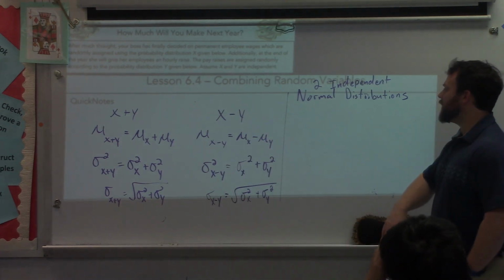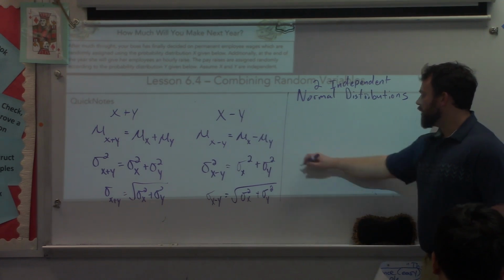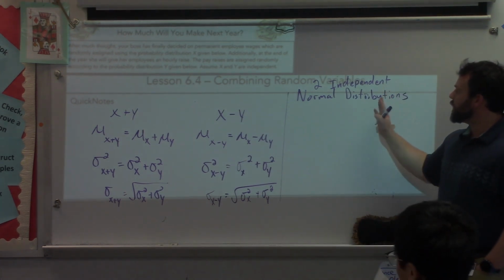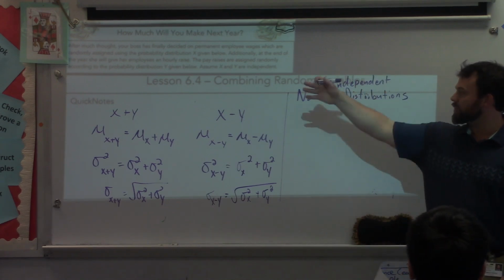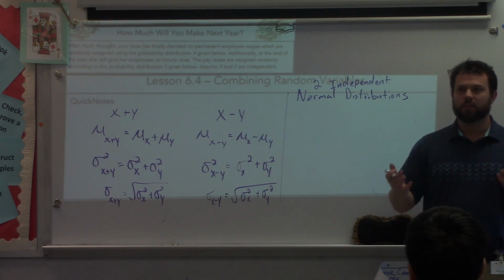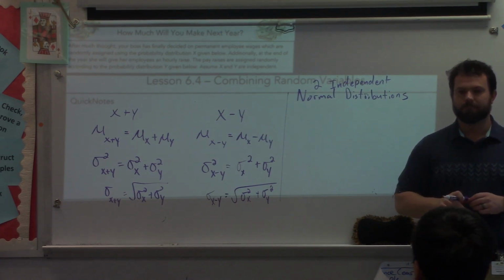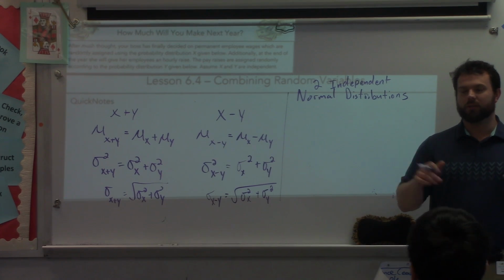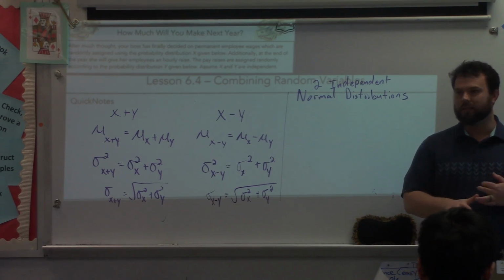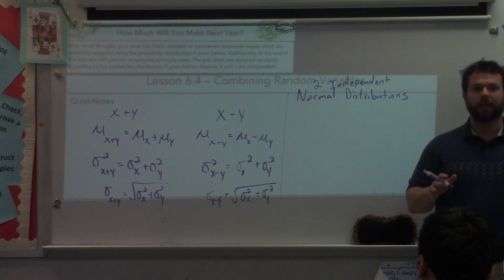Independent, they have to be independent. If I have two independent normal distributions and I put them together, either by doing x plus y or x minus y, you know what kind of distribution I'm gonna get? Normal. I'm still gonna get a normal. And so all those rules we've learned about normal distributions to find probability, to find the area under the curve, are still gonna play out.